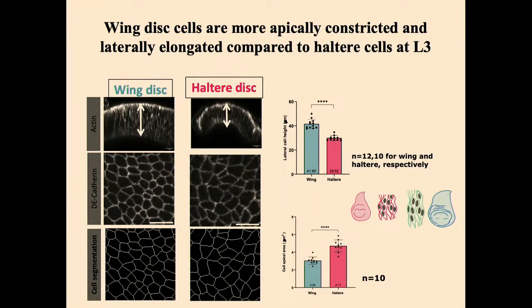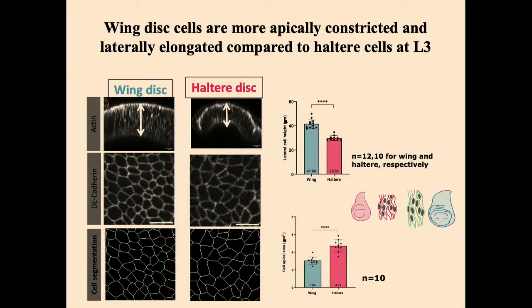So, the first observation made is, you look at, these are all columnar cells. With the help of good microscopy, you can see from the top, from the side, from the bottom, you can look at from all angles, right? And you can see the difference between the two groups of cells, wing versus halter, in terms of cell shape.